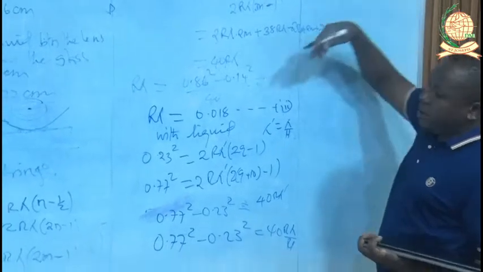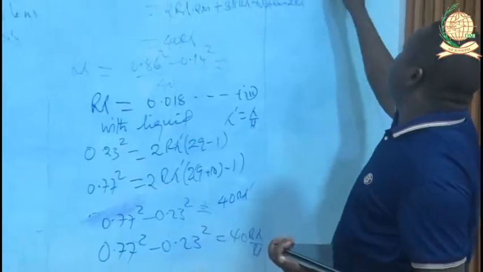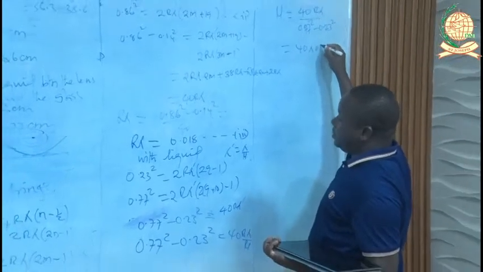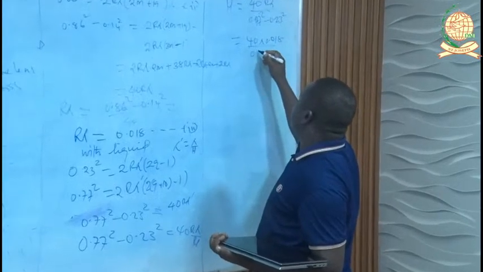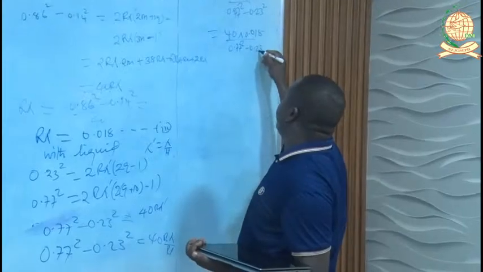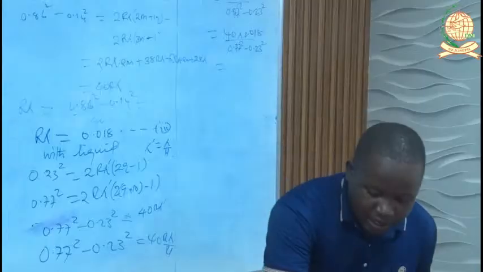As I said, r lambda is equal to this one. So this will be 40 times 0.018 over 0.77 square minus 0.23 square. You get your answer there.